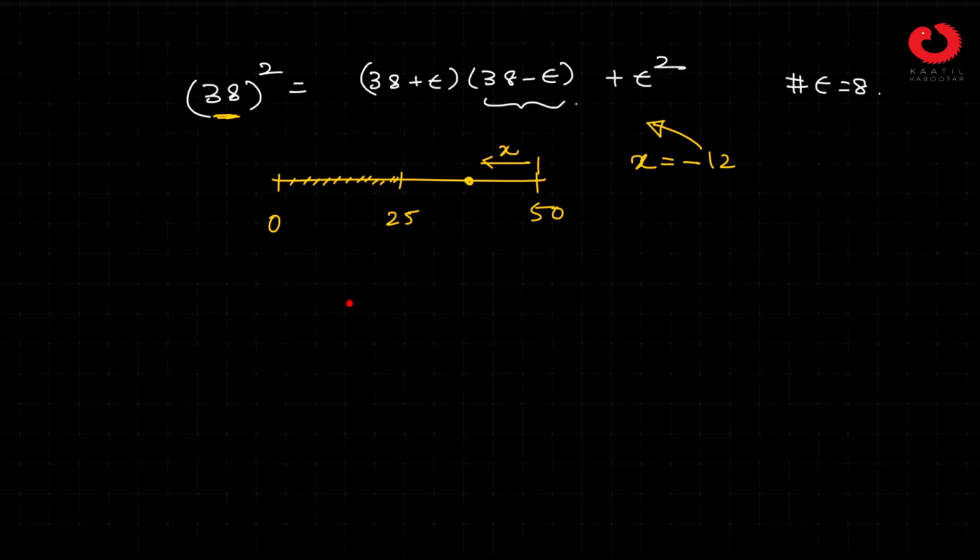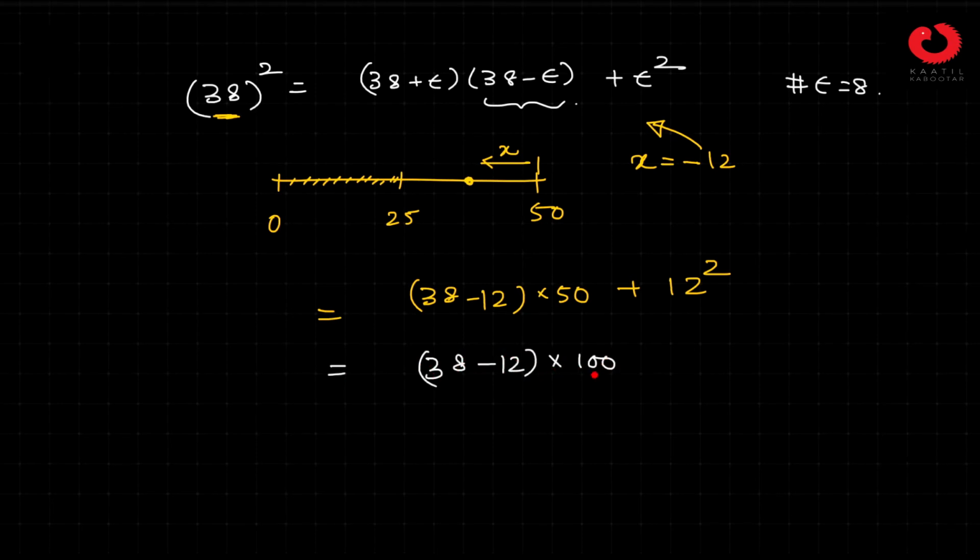So what will come? It will come as 38 minus 12, it is coming 50 plus 12 square. Now this particular thing, I will do a small mathematical jugglery. I will write it as 38 minus 12 into 100 by 2.